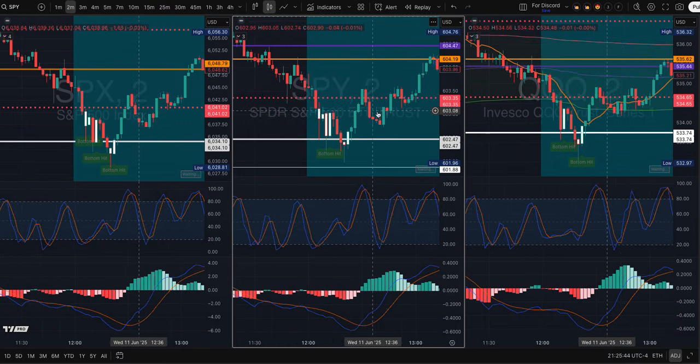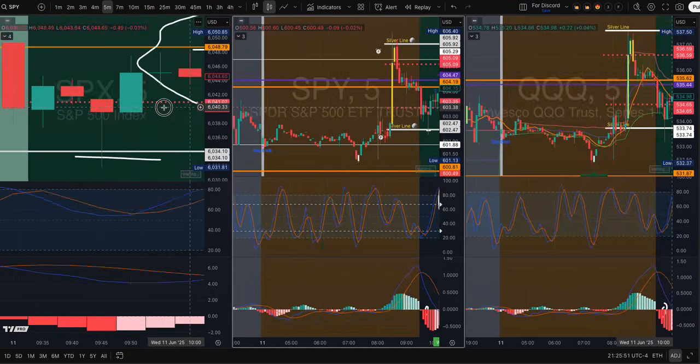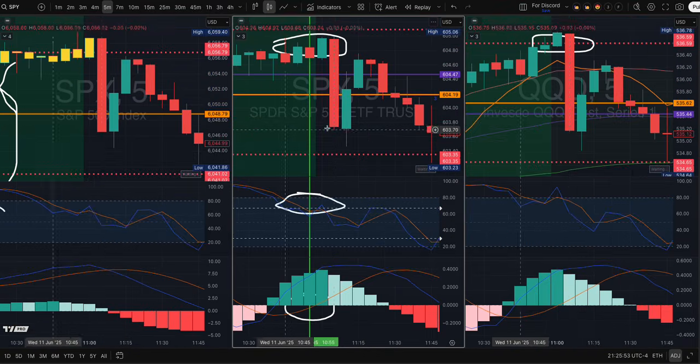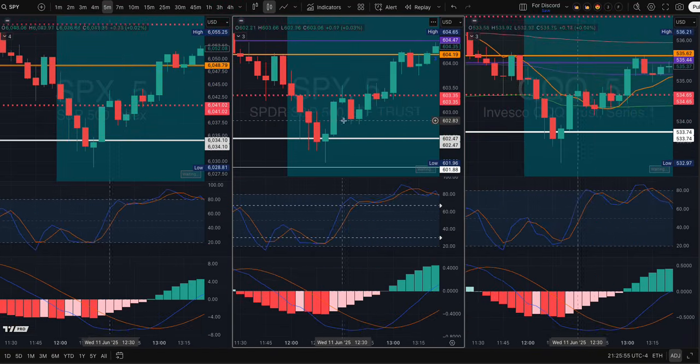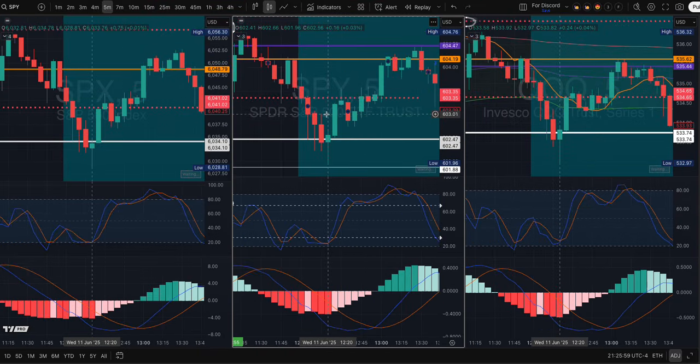Again, when we come to second wave, we change the candles to 5 minutes. Yeah, that's 5 minutes. All right, so there was a perfect touch here, and then this one wasn't a perfect touch.